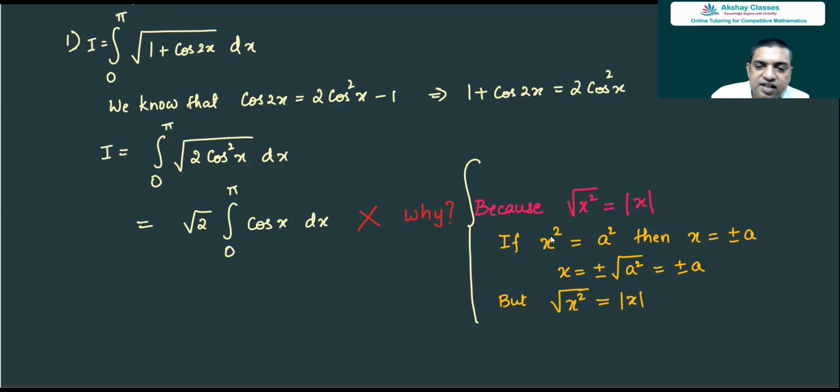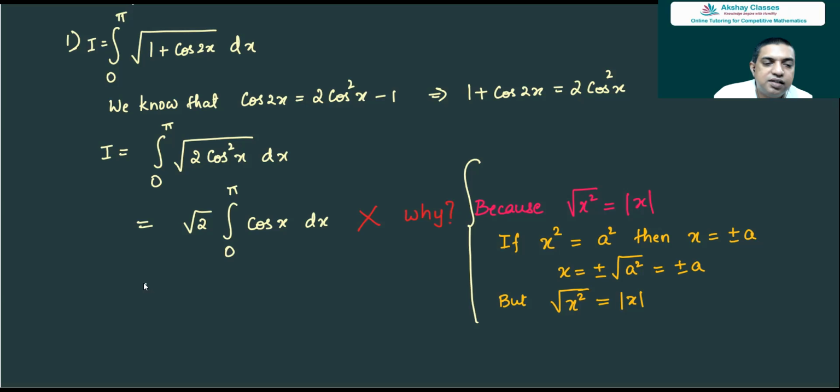In the previous case, x square is a square, so x is either plus under root of a square or minus under root of a square. But here it's already given under root of x square. So no matter whether x is positive or negative, this under root will be positive always. So here we need to make that distinction.